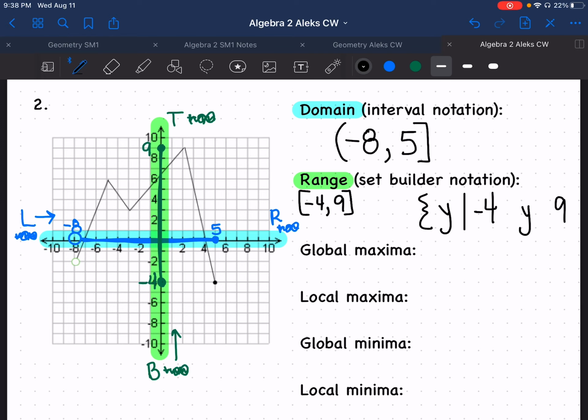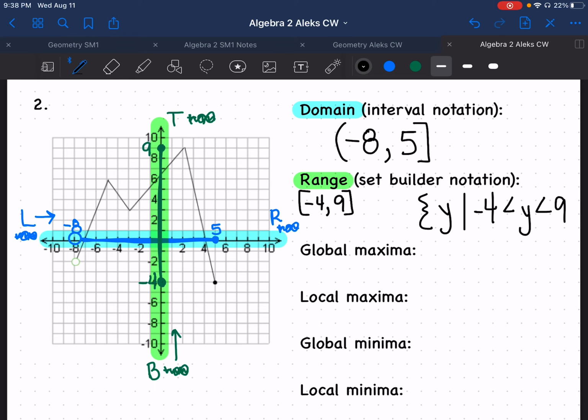Now, if I flip it to domain, the only difference is that you need to use the -8 and the +5 and the variable x because that's the letter we use when we're talking about domain. I always use the symbol less than when I'm doing a compound inequality. That's always the one that we use.